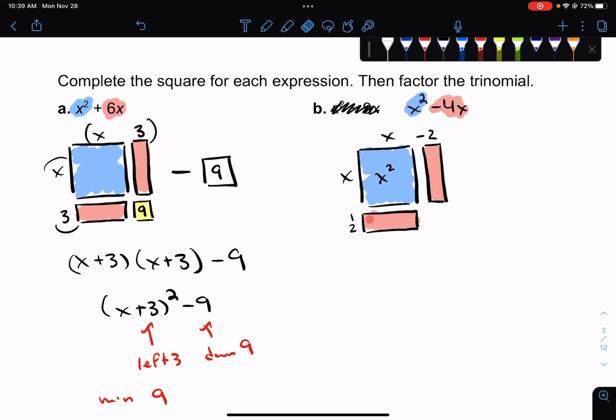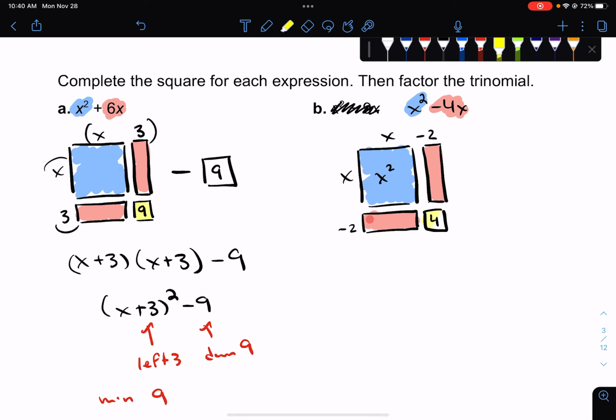I took the negative 4, I cut it in half, so I get a negative 2 and a negative 2. Oh, maybe I should put that negative in front. So I still cut negative 4 in half, and I almost have a completed square. It's not quite complete yet. I need this box right here. Now, when I look at negative 2 times negative 2, that gives me 4.